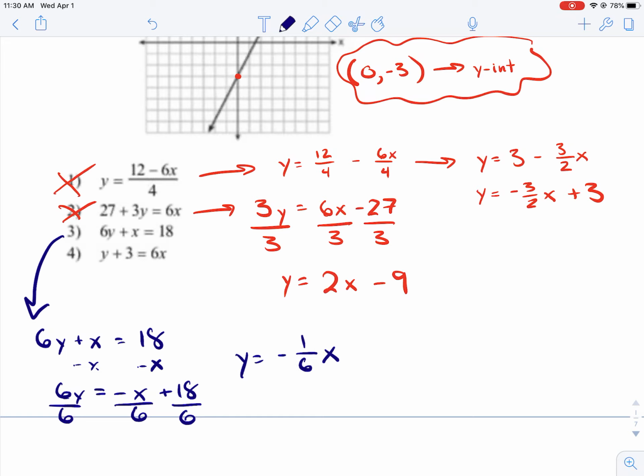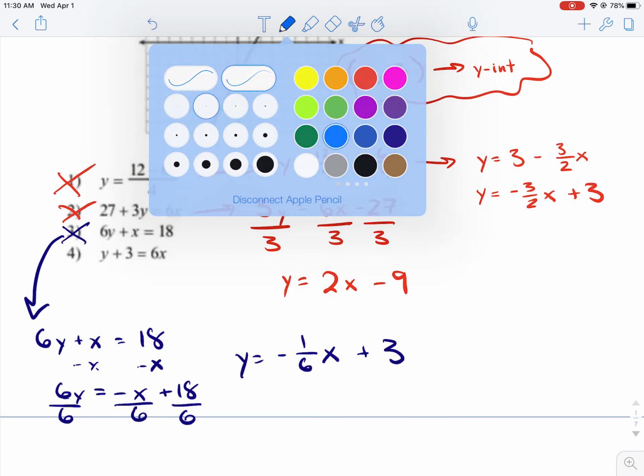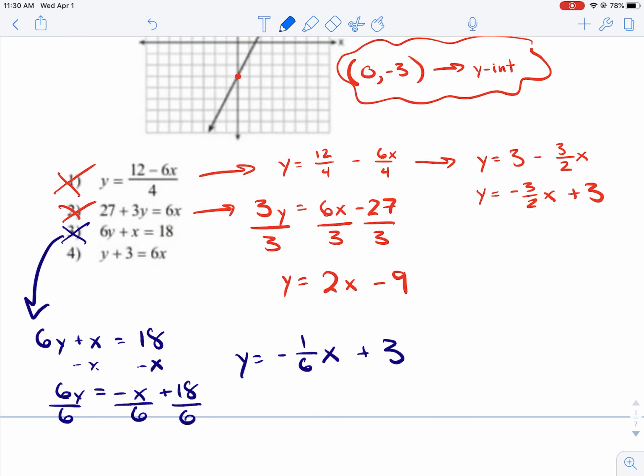Divide by 6, and you get y is equal to negative 1/6 x plus 3. So again, this one is out because we're not looking for a plus 3. We're looking for a negative 3. So it has to be 4.